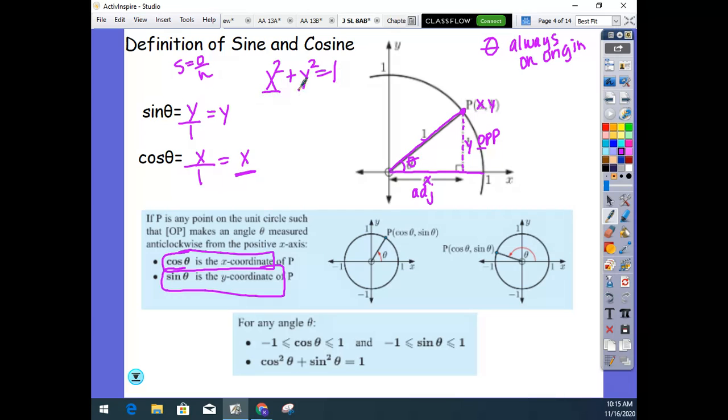If cosine is the x and sine is the y, doesn't this last bullet point make sense? Instead of x squared, we can write cosine squared. And instead of y squared, we can write sine squared equals 1 on the unit circle.